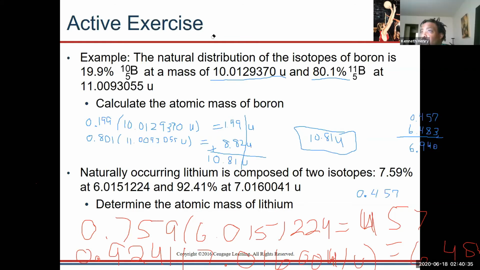So would it be 0.456? It wouldn't go up to 7? No, it's because this is a 7, right? Oh, yes. You're not going to drop it down because it either stays the same or it's rounded up. Okay. Questions, concerns? Okay, excellent.